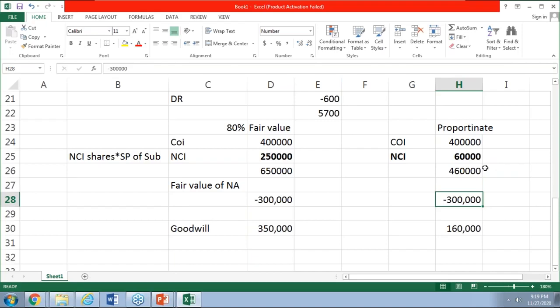So NCI will be 20% of this 300,000. So this is how we calculate the NCI in the proportionate case. Sometimes the examiner might ask you to calculate the goodwill using the proportionate case, in which you are required to calculate the fair value of net assets and take the percentage of NCI, which becomes your NCI at acquisition.